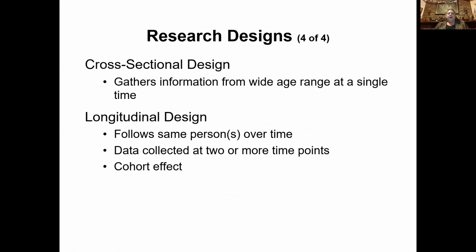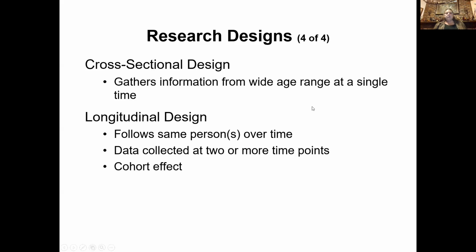Okay. Other research designs: a cross-sectional design gathers information from a wide range at a single time period. These are two types of research that we use in developmental psychology.